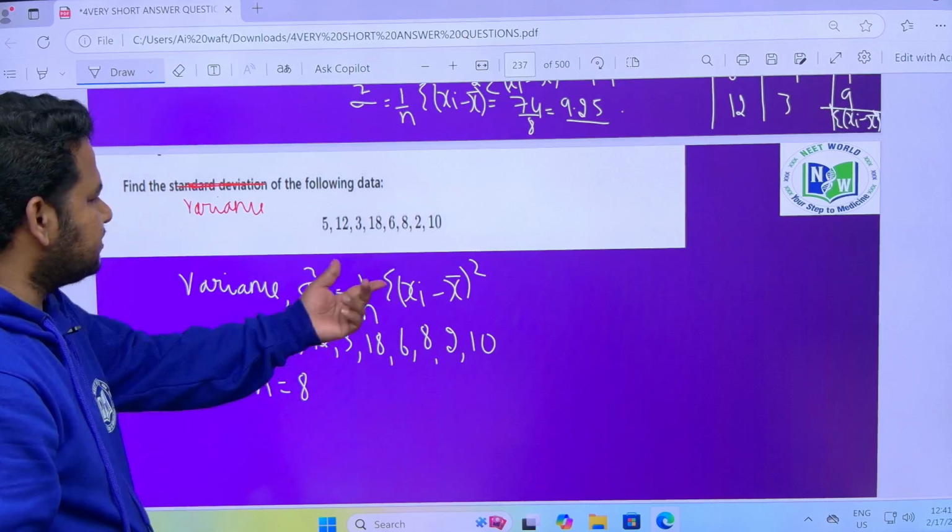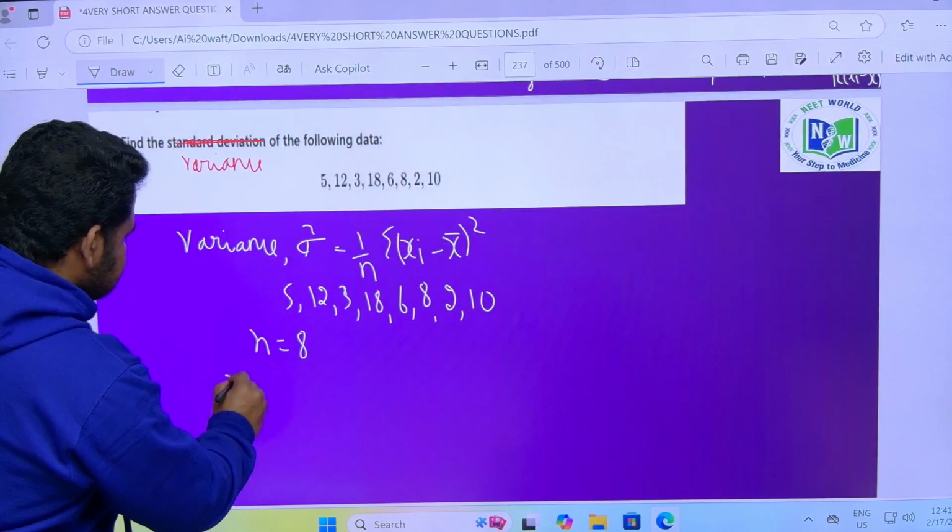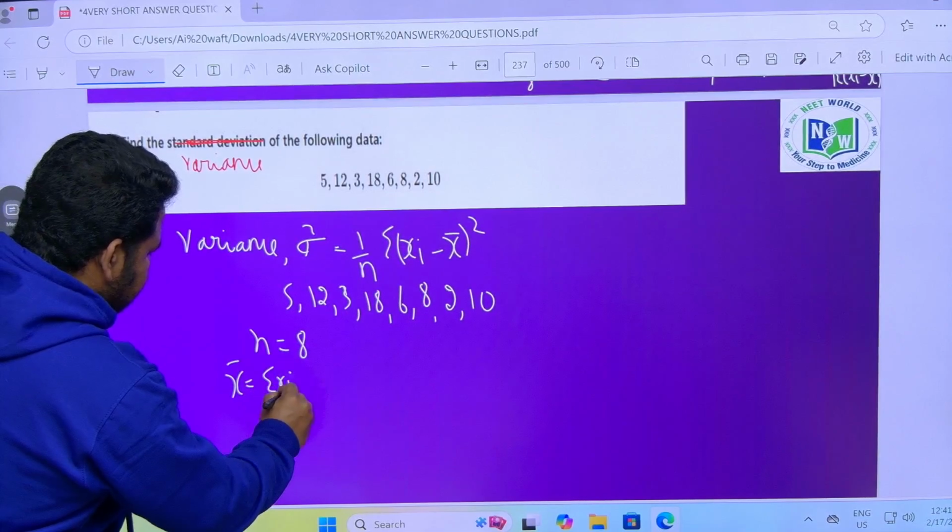Now we have to find the arithmetic mean. Arithmetic mean x bar is summation of xi by n. That is equal to what, friend?